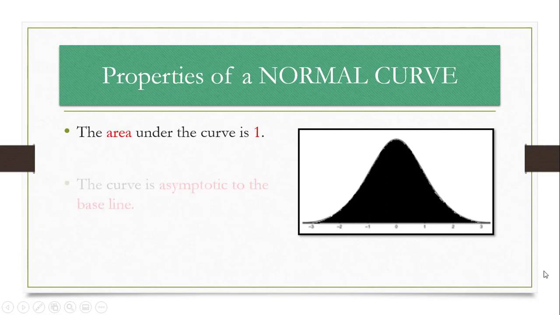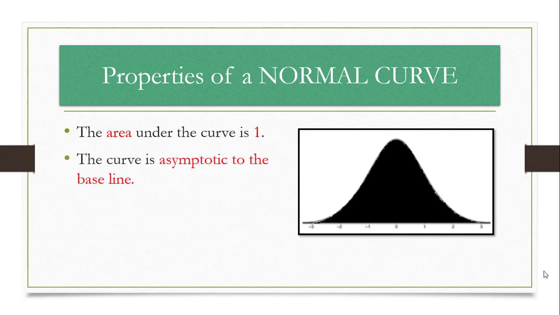And lastly, the curve is asymptotic to the baseline. As you see in the figure that we have, this curve seems to meet the base. However, since we are talking about normal distribution, it doesn't actually meet.